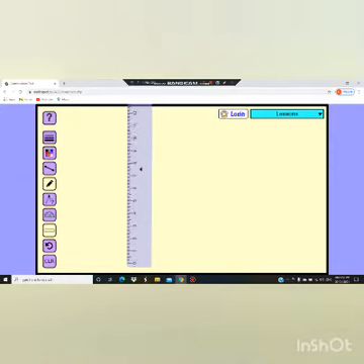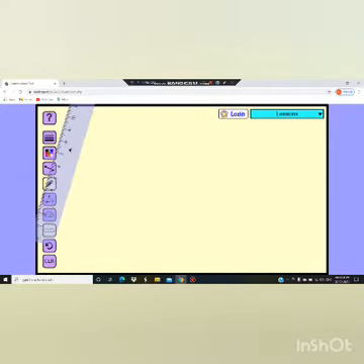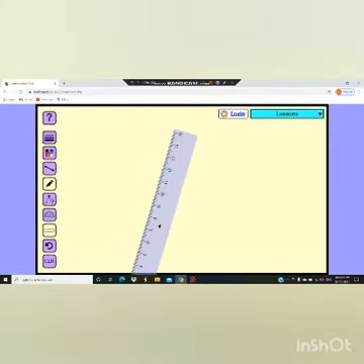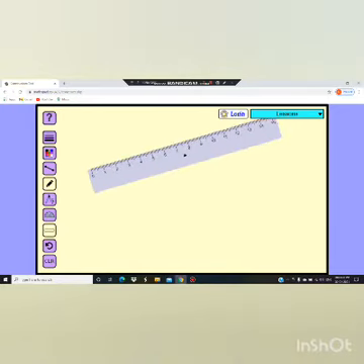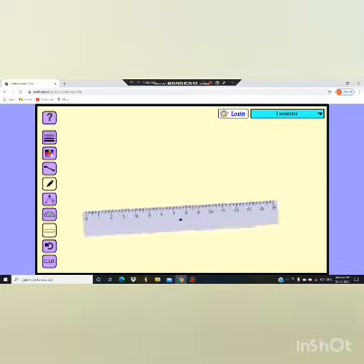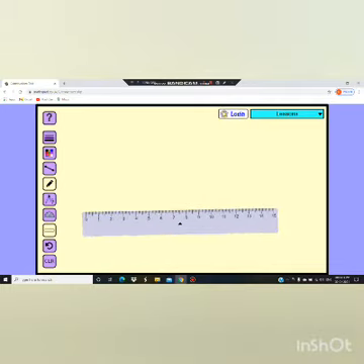So take a scale. Then take a compass, and in the compass we have to take a distance of 3.2 centimeter.